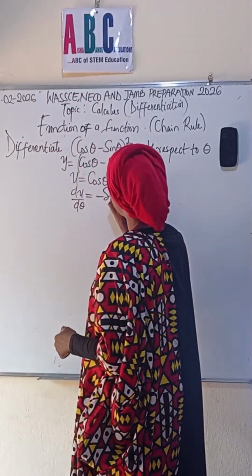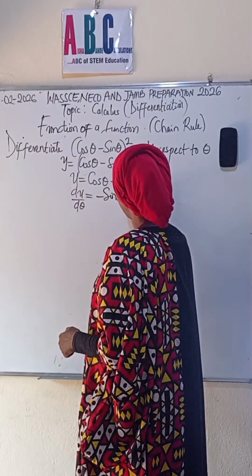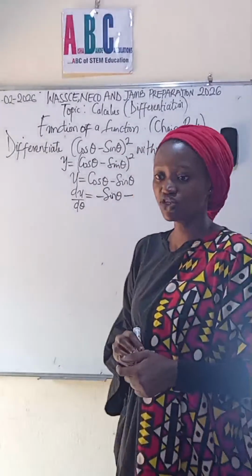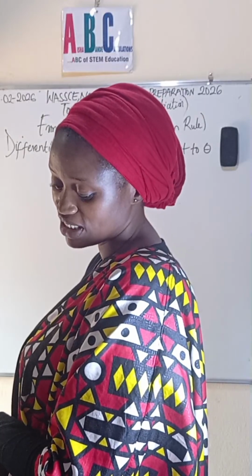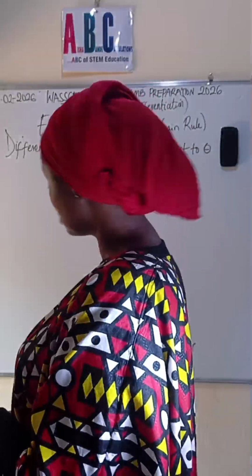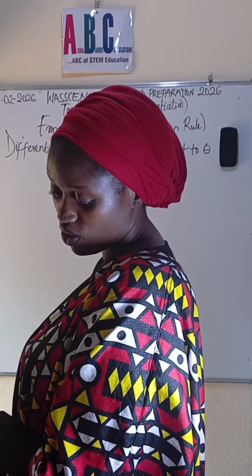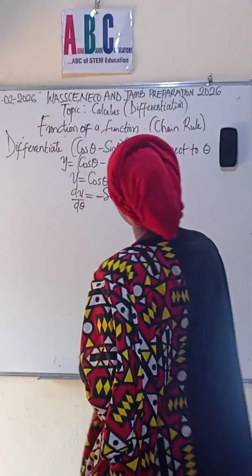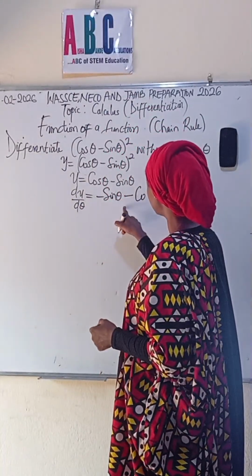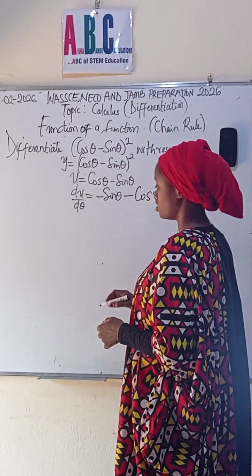So here we have minus sin theta. Then minus, differentiate sin theta, what do we have? Cos theta, thank you. So this becomes minus sin theta minus cos theta, right?